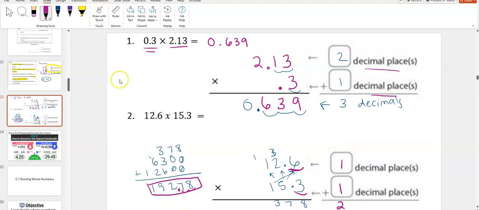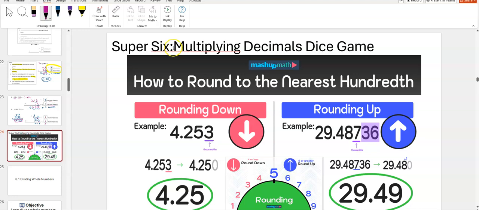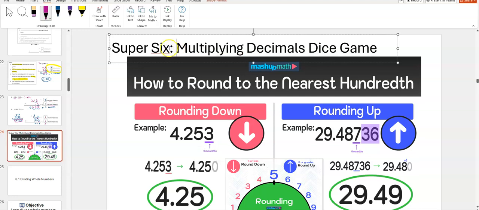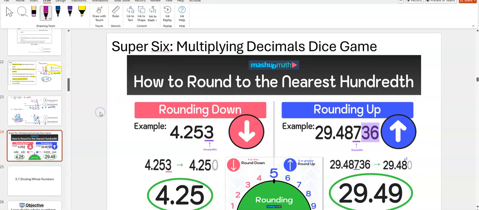And again, because this is so much review, we're going to stop here in our practice and we're going to do a little activity. I don't have it on the video, but basically we played a little game in class called the Super 6. It's a multiplying game. You can ask for it in class if you want to practice at home. But in this game, we were told to round to the nearest hundredth.